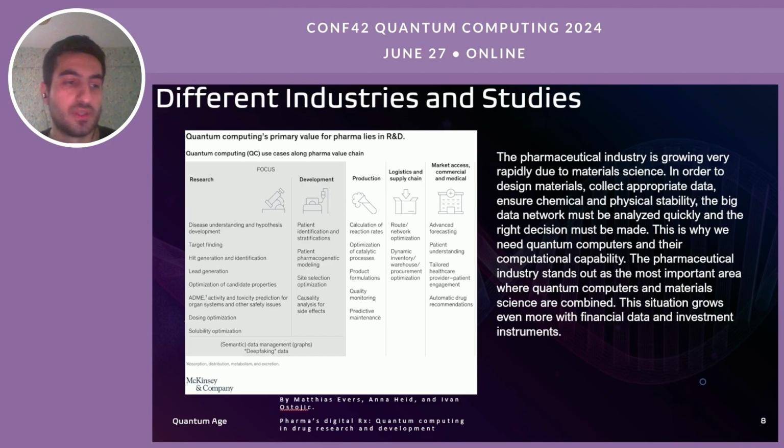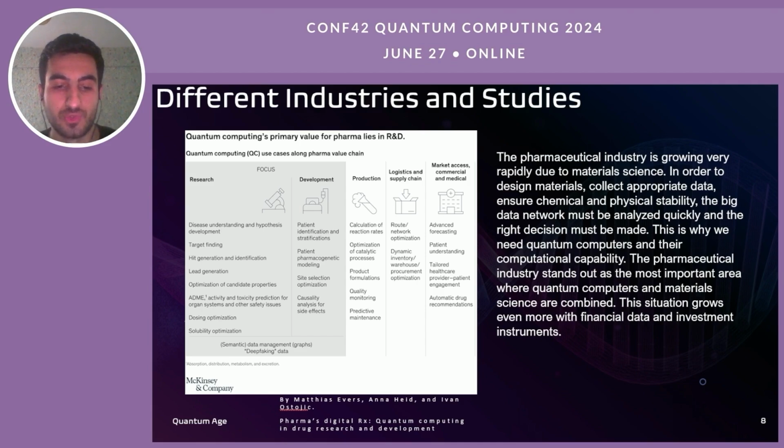How can we solve this problem easily? And you need to make good decisions about the pharmaceutical industry because it is a very important industry. You need to be very fast. For example, the pandemic and COVID-19. You need to make good drugs.